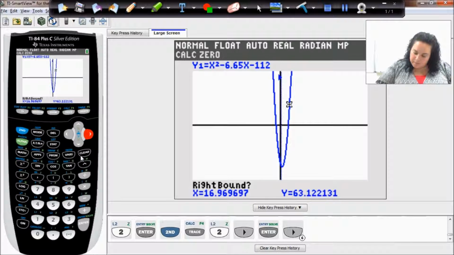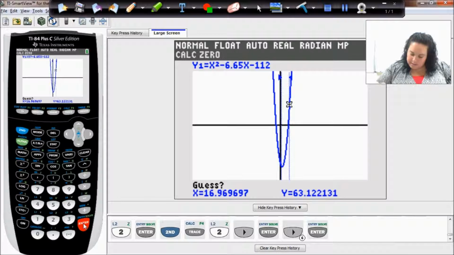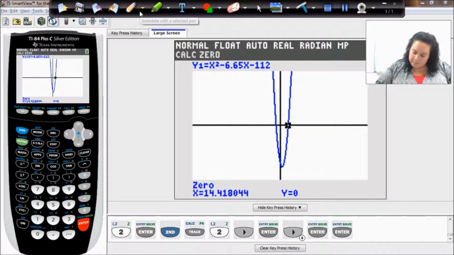Okay, good. So now we're to the right of this point. Press enter again, then guess, we say yes, we want you to guess, and it will tell us 14.41804.